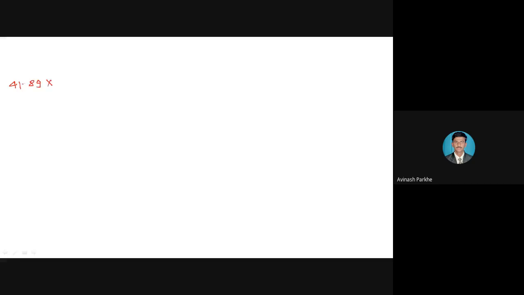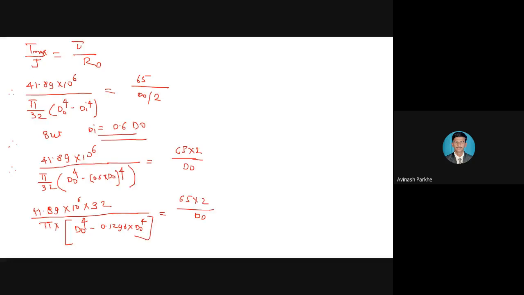41.89 into 10 raised to 6 divided by pi. This pi remains as it is, into, from the denominator you can see Do raised to 4, Do raised to 4. This is the constant term. Do raised to 4 at the denominator side.